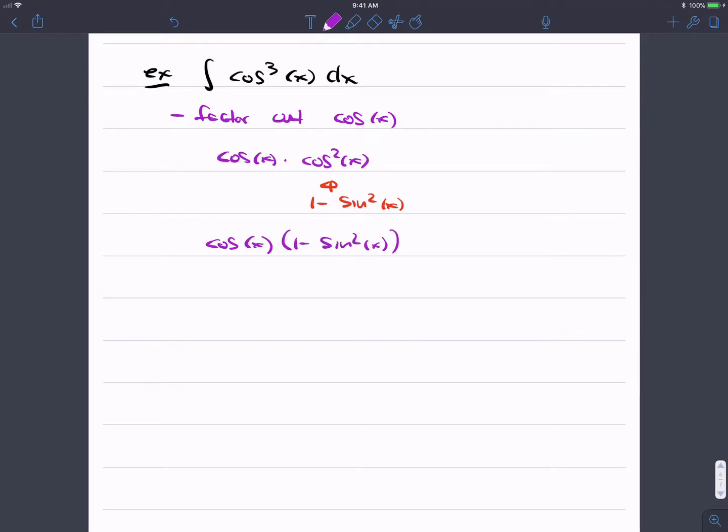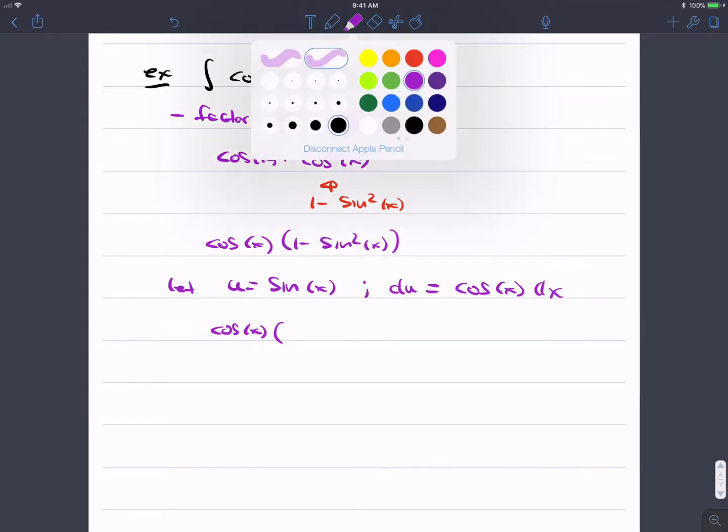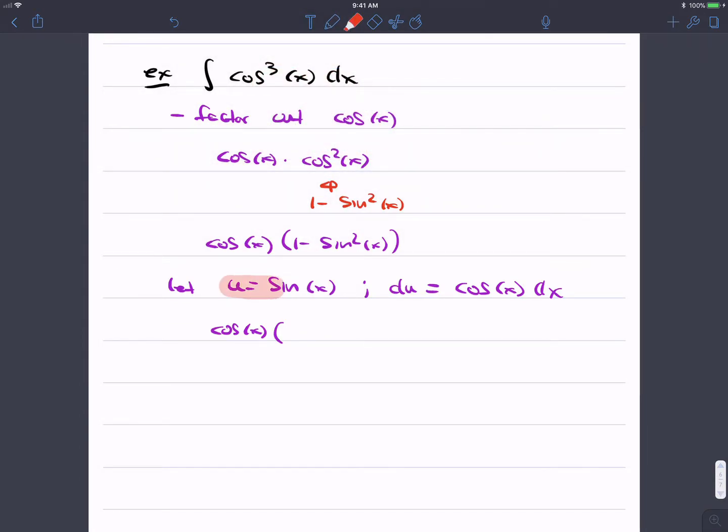And as you guys can guess, you're going to let u be sine now, not cosine, but sine. When u is sine, the derivative of sine is cosine. So here's what you're going to have all together. Cosine times, let's not forget, since u is sine, wherever there's a sine, we replace it with a u.